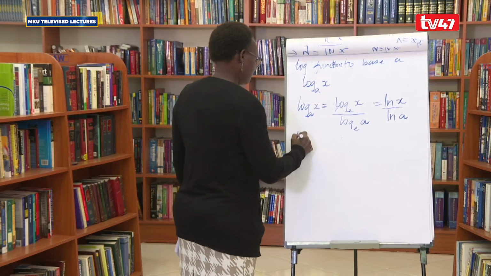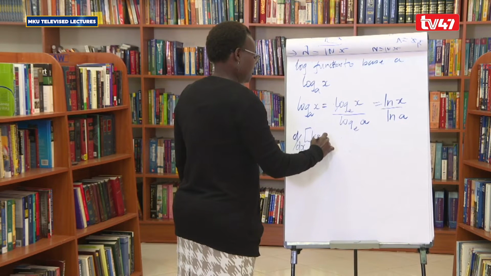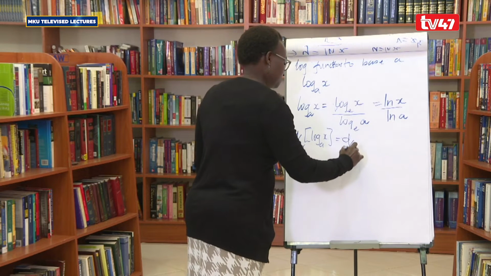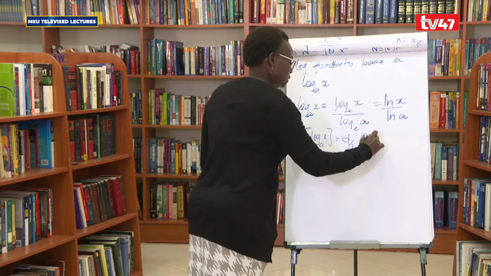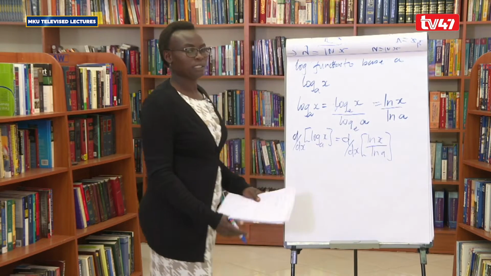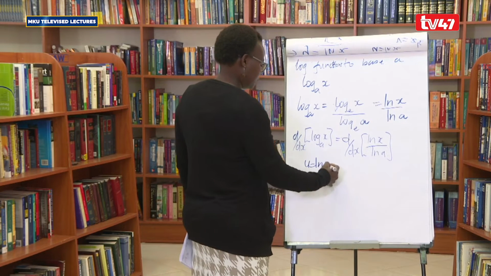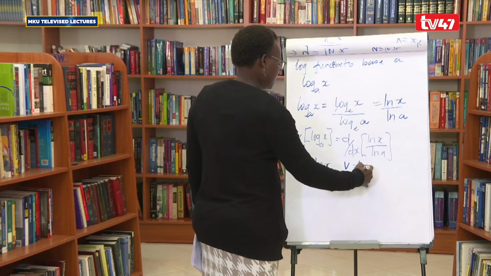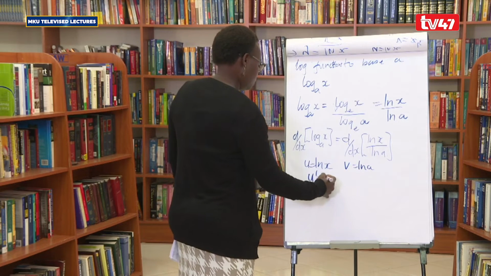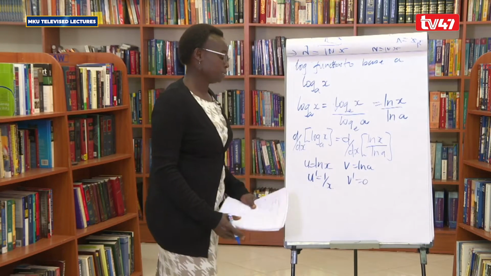If we want to get the derivative of log to base a of x, I would find the derivative of ln x over ln a. So again, that's a quotient. We'd have u as ln x, and v as ln a. So u bar would be 1 over x, and v bar would be 0, because ln a is just a constant.